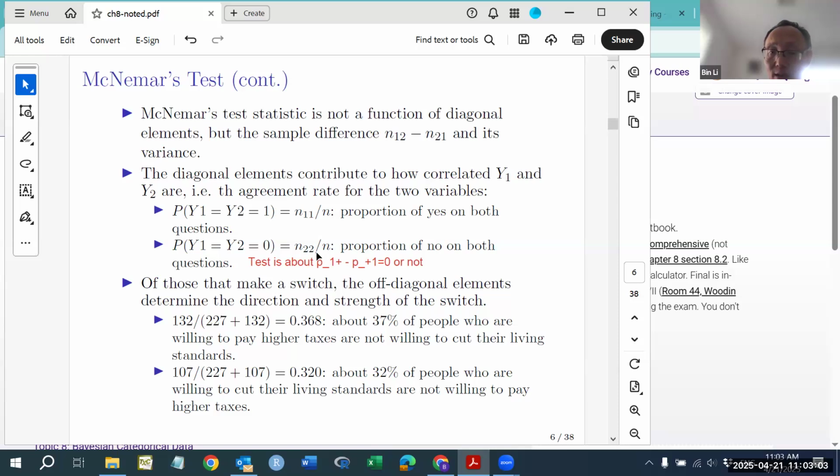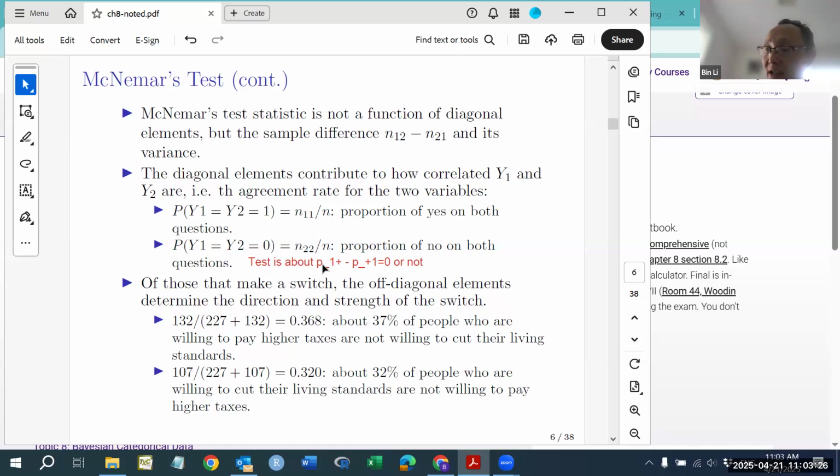The test is really about the switch from yes to no, from the first to the second, or from no to yes, from the first to the second. So it's really about the switching proportions. It's not about the diagonal.